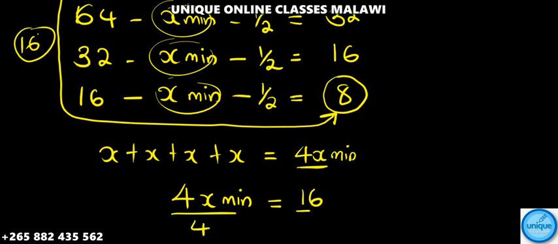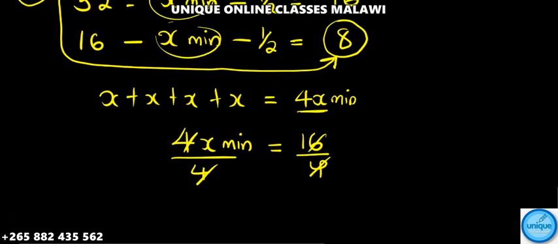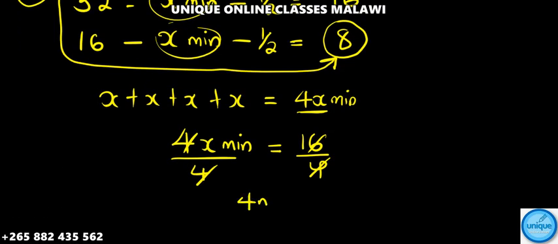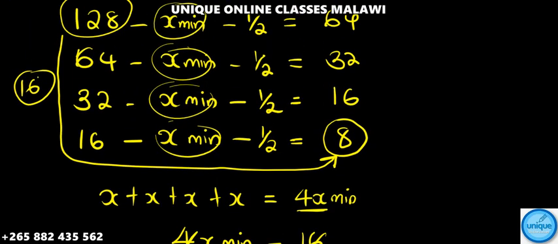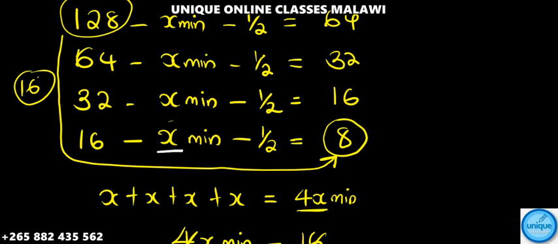Divided by 4 also, 4 and 4 cancel, and 16 divided by 4 gives 4 minutes. So the half-life was 4 minutes. My guys, that's how we can solve these things.